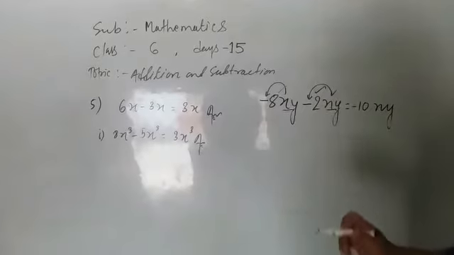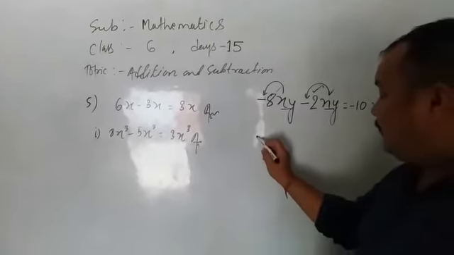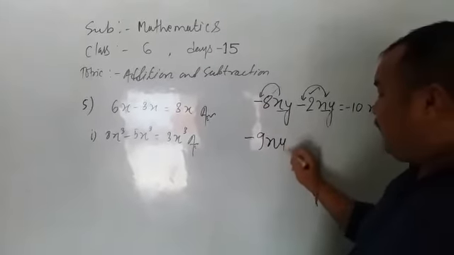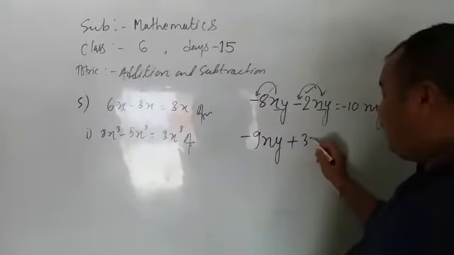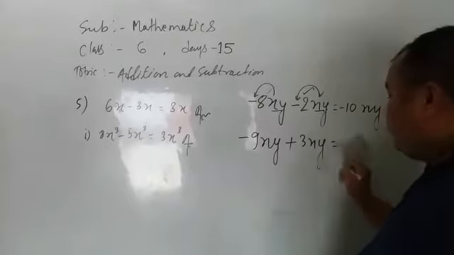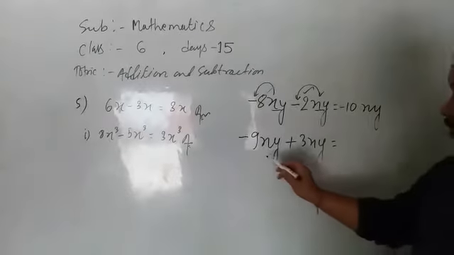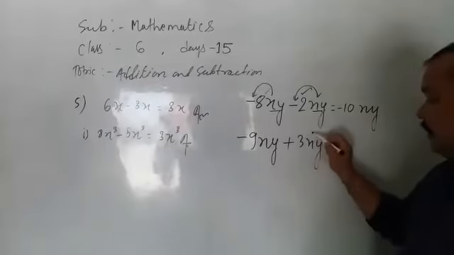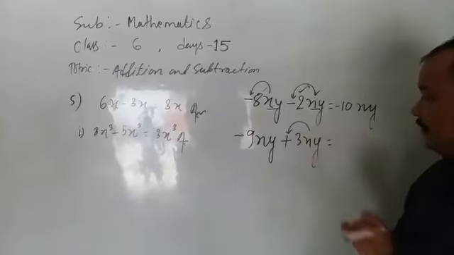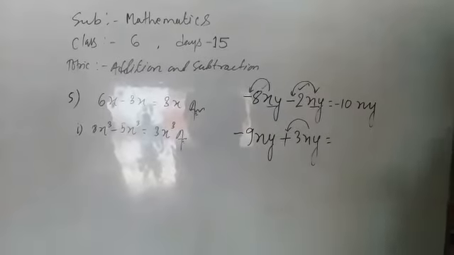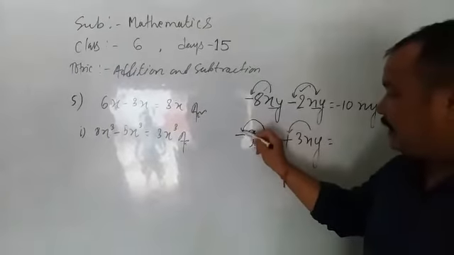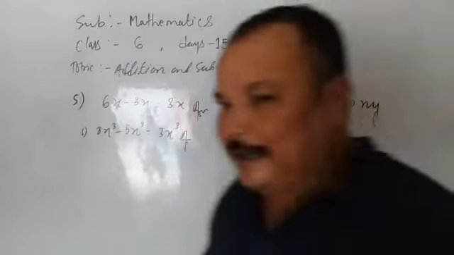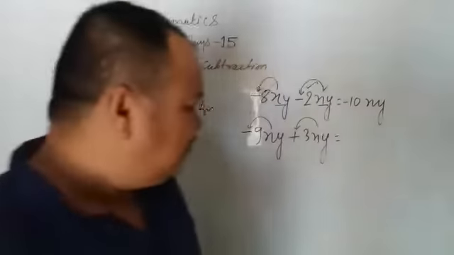Okay, one example here: minus 9xy plus 3xy. See here, there are two terms. One is 9xy, another is 3xy. So 3xy has a plus sign in front, and 9xy has a minus sign. So are they similar signs or different signs? Yes, of course it is a different sign.